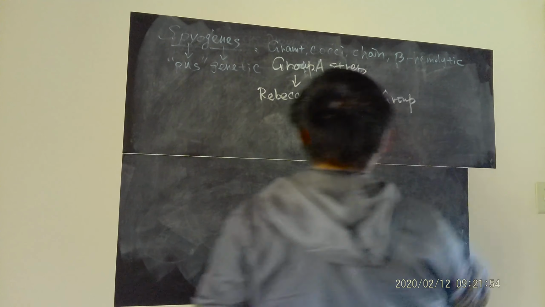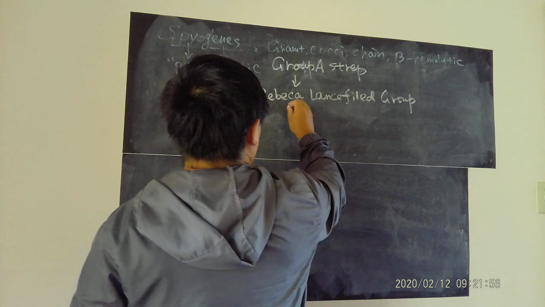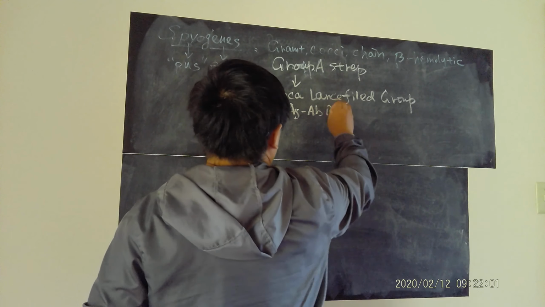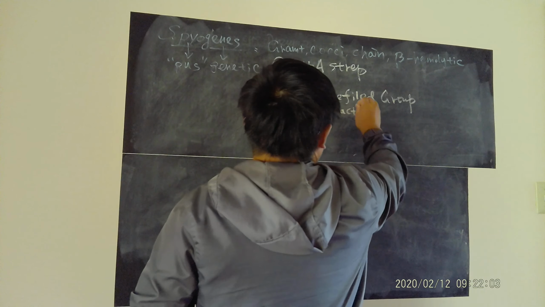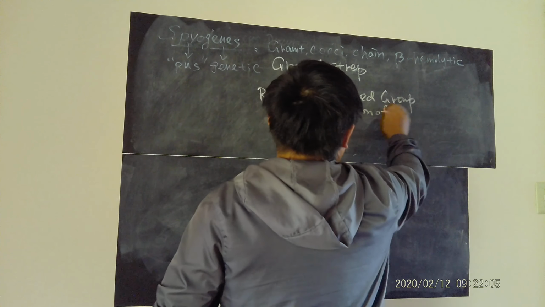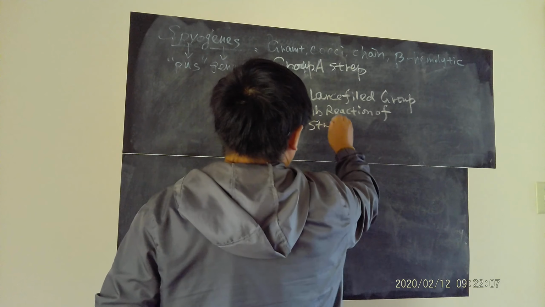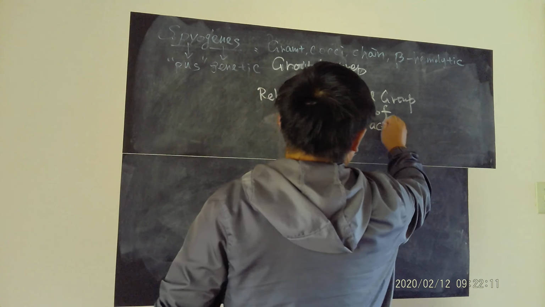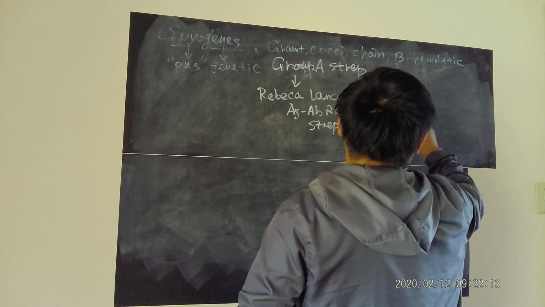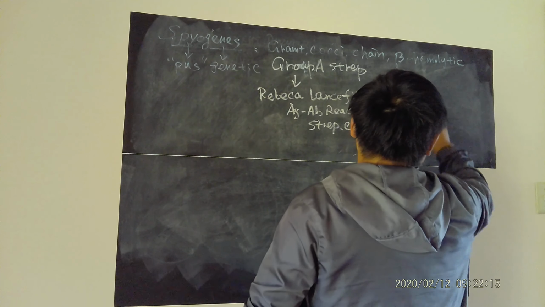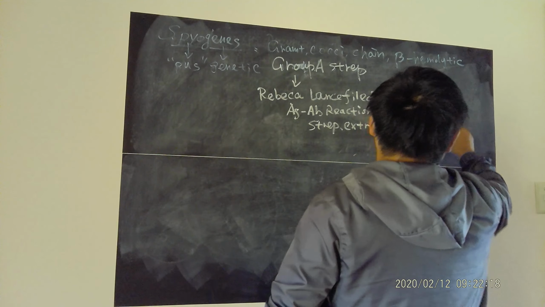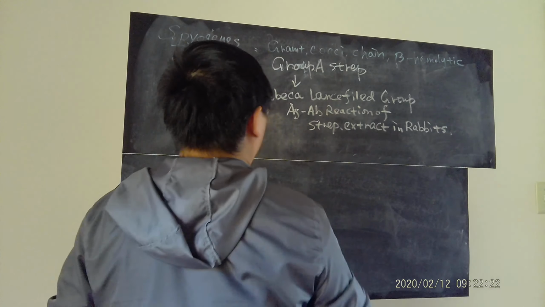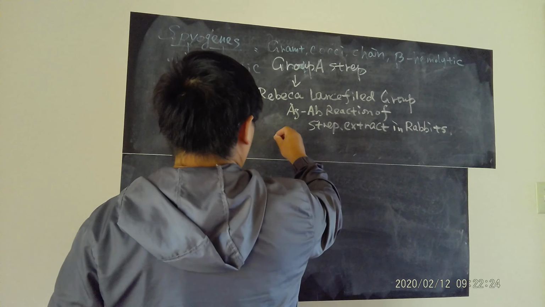The Lancefield grouping is based on the antigen-antibody reaction of the Streptococcus extract, doing the experiment in rabbits, and then doing serological typing. Basically there are three examples.